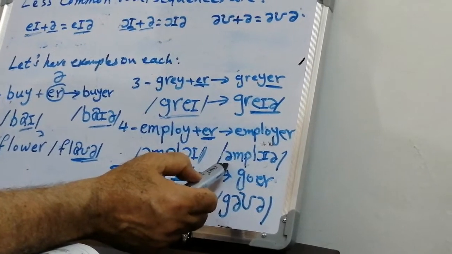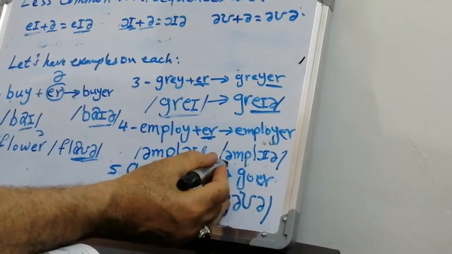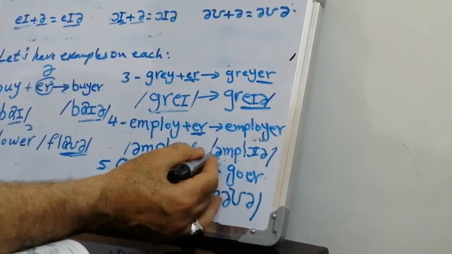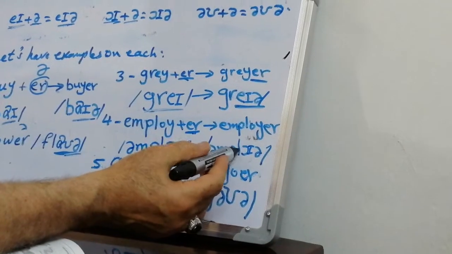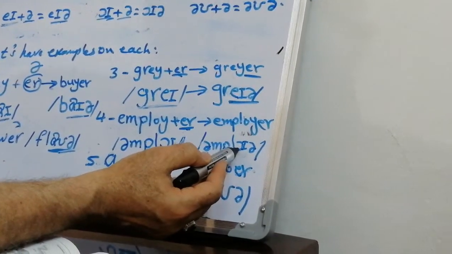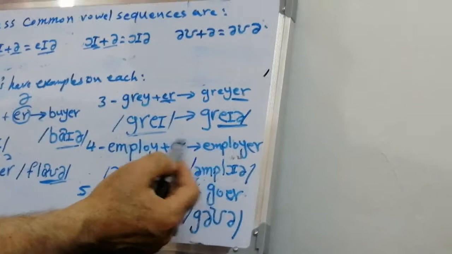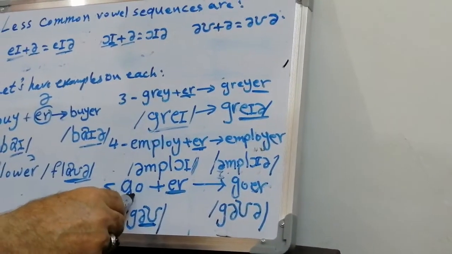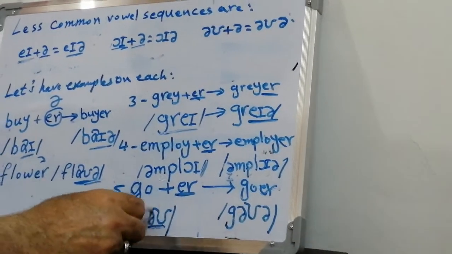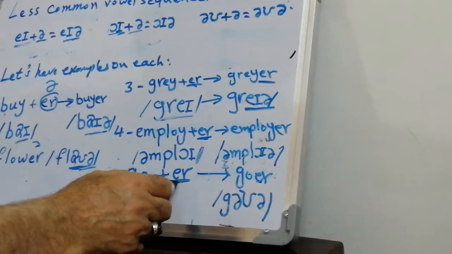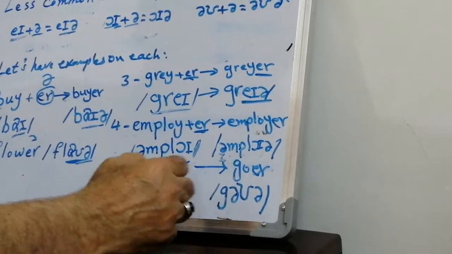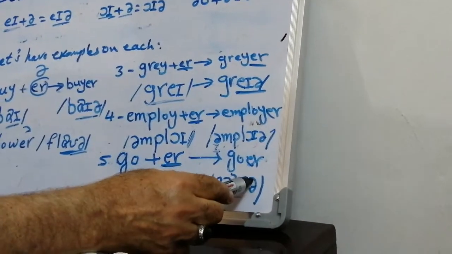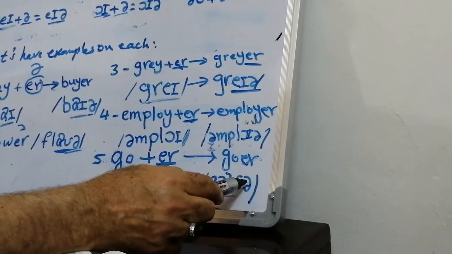This schwa, it makes no difference how it is realized. My concentration is on "oya". The last one is "go", plus "er", it becomes "goer". This is "go", and then we have the schwa.